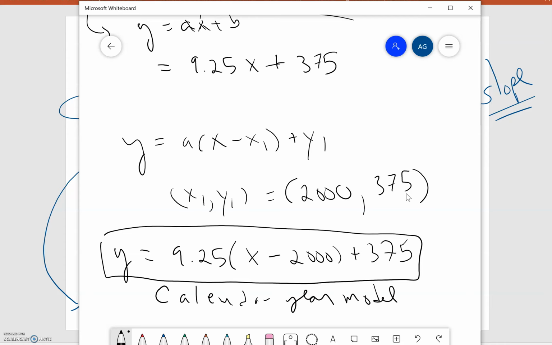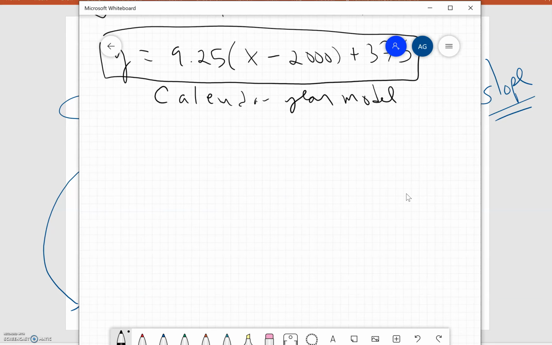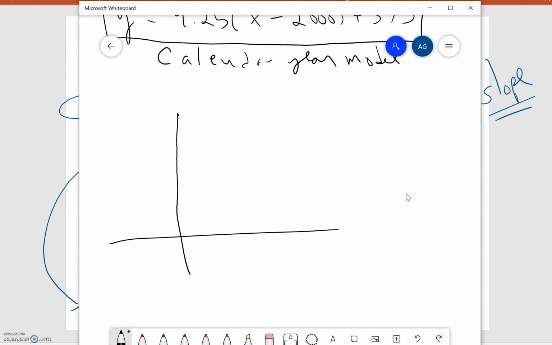Okay. In many ways, it's equivalent to this model. They're not the same, but they're certainly connected. How they differ is they're basically parallel to one another, but this lower model, the calendar year model, is kind of offset. It's way over. In fact, I can draw it. If we graph both of these lines, the point slope one would be like over here, and that would be 375 right there, 0, 375.